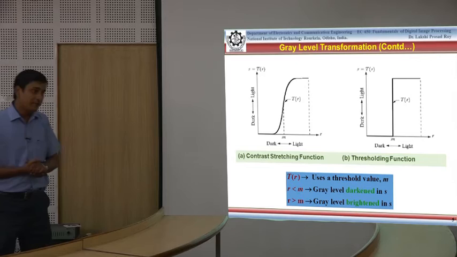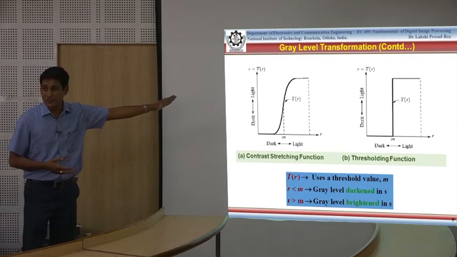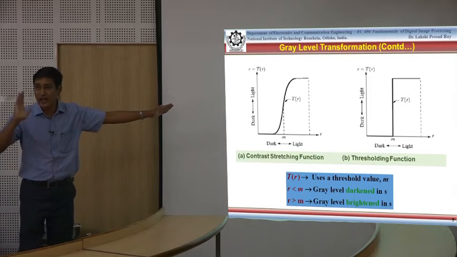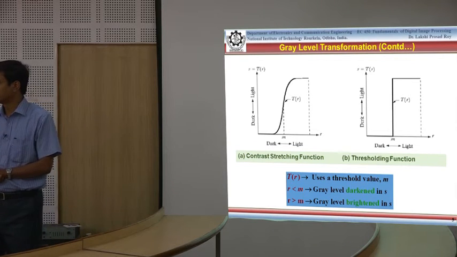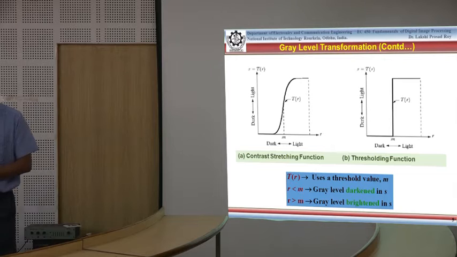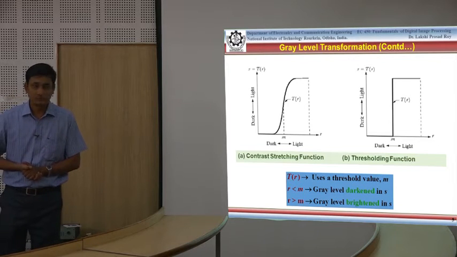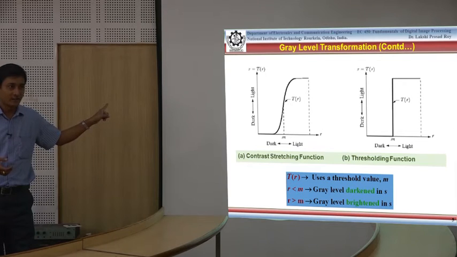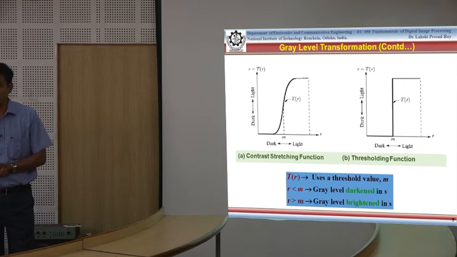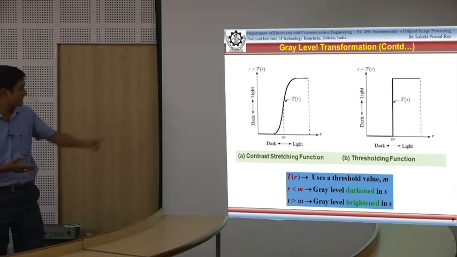Now, if this T of r function were a straight line at an angle of 45 degrees, that means slope is 1, what would be the output? The output would be the same as the input. But this is not a straight line. This has some curvature. If it is not so, what does it speak?